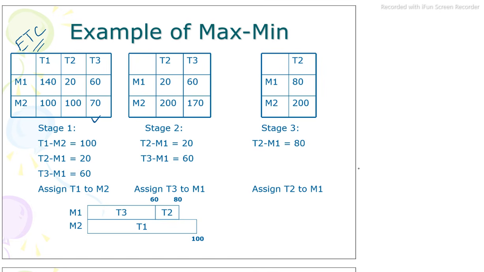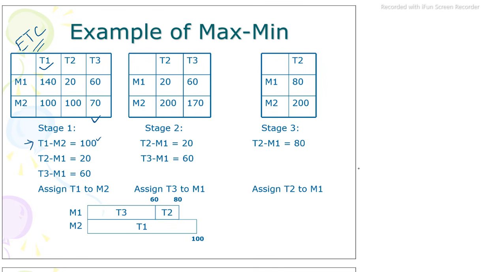This matrix will be treated as an input for our max-min heuristic. So in the first step, we need to find out the minimum among the computation times. Task T1 is taking 140 units of time on M1 and 100 units of time on M2. So first choose the minimum one. We have chosen T1 on M2 as the minimum, that is 100.